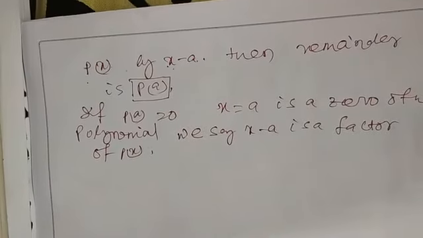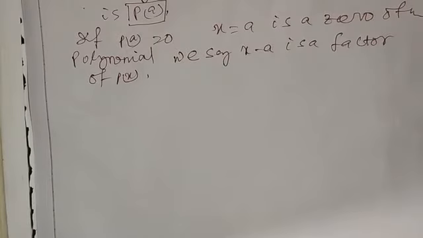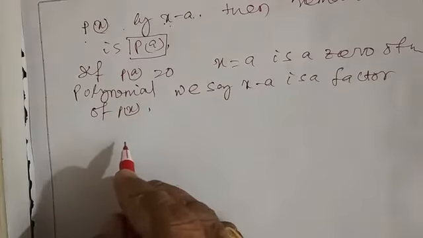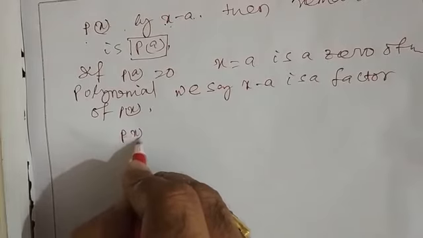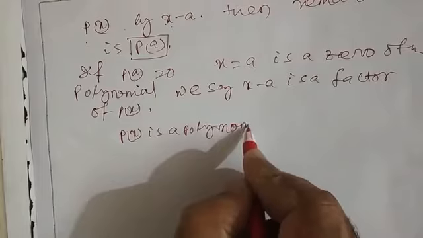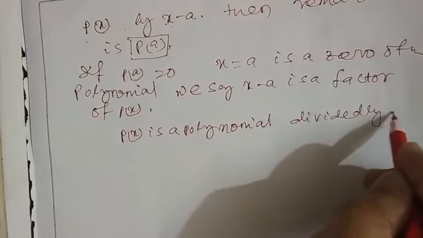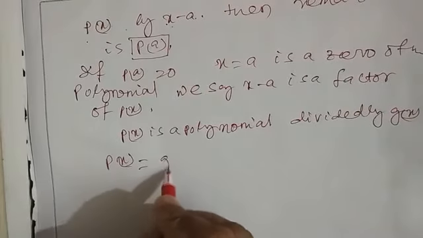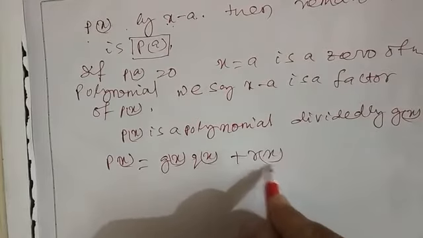And remember, the division algorithm or Euclid's division lemma holds for a polynomial also. That means I can write, if p(x) is a polynomial divided by g(x), then p(x) can be written as g(x) into q(x) plus r(x).